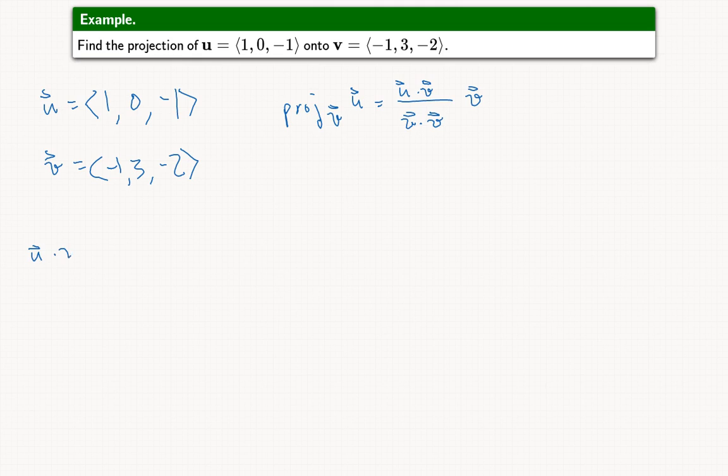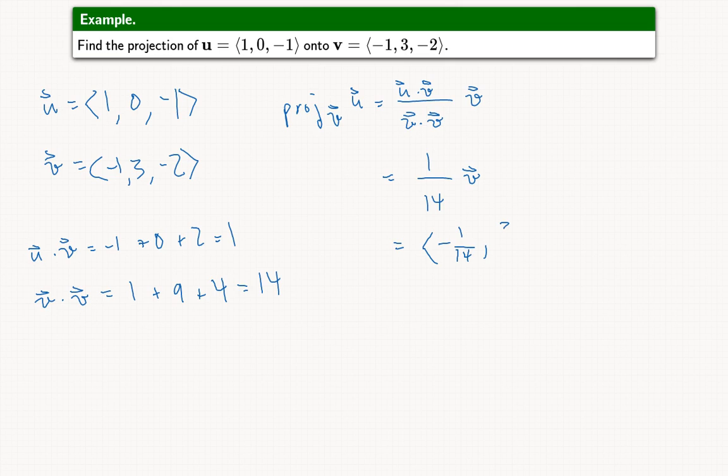So u dot v will be negative 1 plus 0 plus 2, which is 1, and v dot v will be 1 plus 9 plus 4, which is equal to 14. So we get that the projection of u onto v is 1 over 14 times v, which we could leave like that, or we could write explicitly this is (negative 1 over 14, 3 over 14, negative 2 over 14).